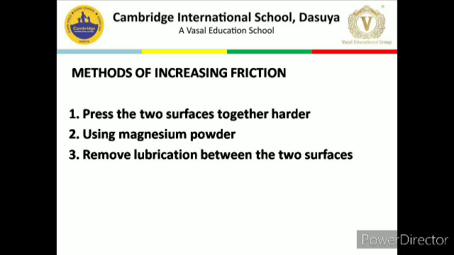Next point is using magnesium powder. In some sports like weightlifting, gymnastics, outdoor and indoor rock climbing, badminton, tennis, basketball, golf, bowling, baseball, and pole dancing, athletes always rub white powder, meaning magnesium powder, onto their hands and instruments.